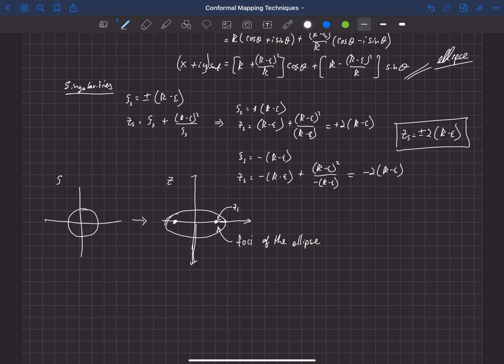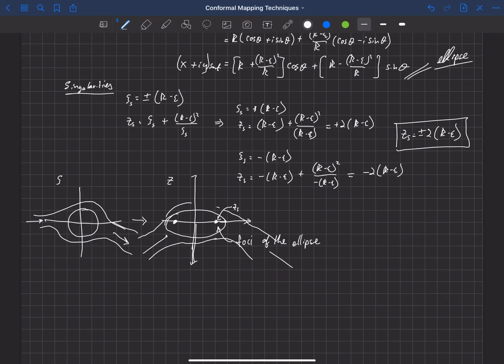Now the original flow in the zeta plane was flow that could have some circulation. So the flow may have come in from one direction and left in another direction. And that's flow with circulation. And so here what we're going to find is that we can now map that to this flow over an ellipse with circulation.